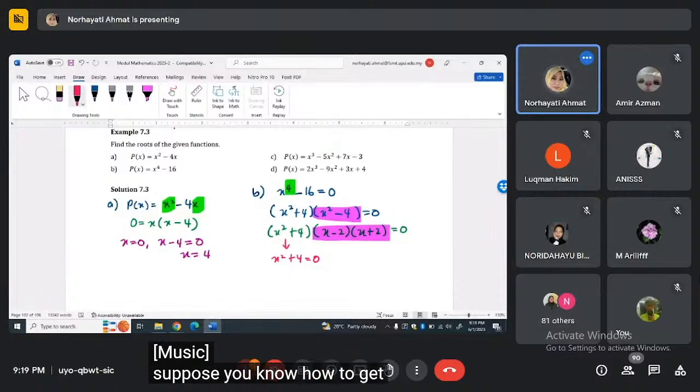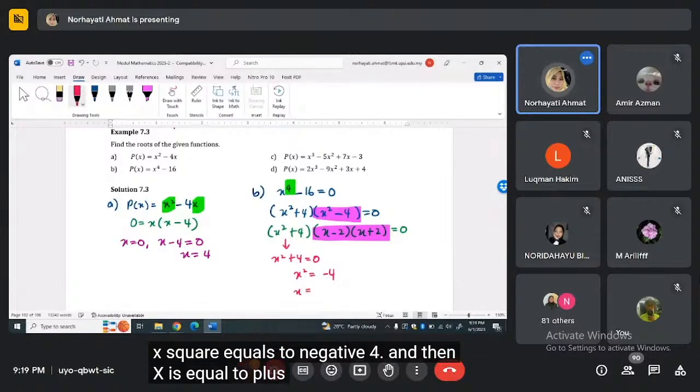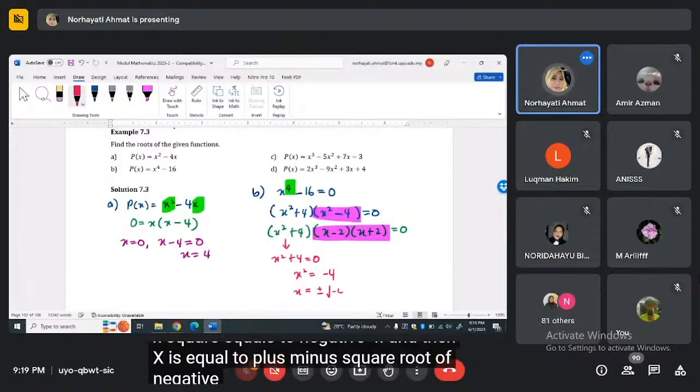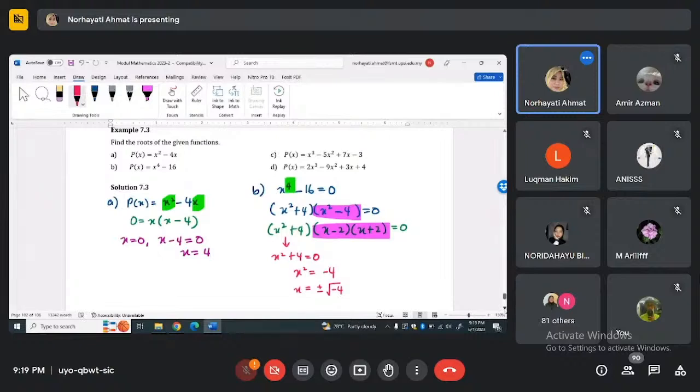Suppose you know how to get the value. So, x square equals to negative 4. And then, x is equal to plus minus square root of negative 4. Alright.